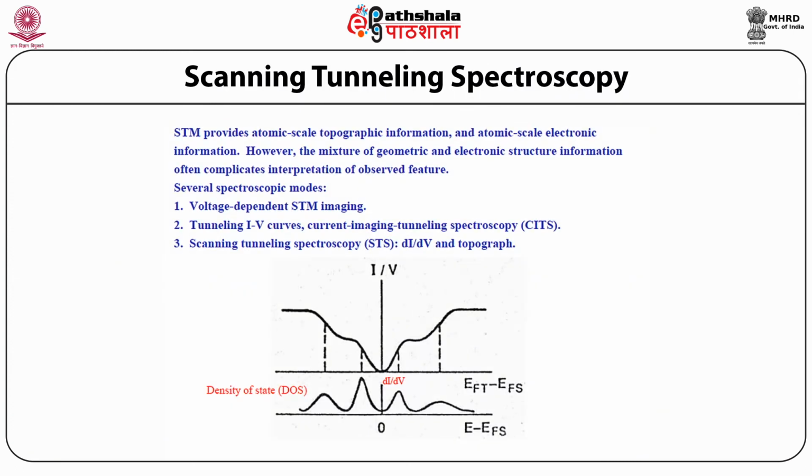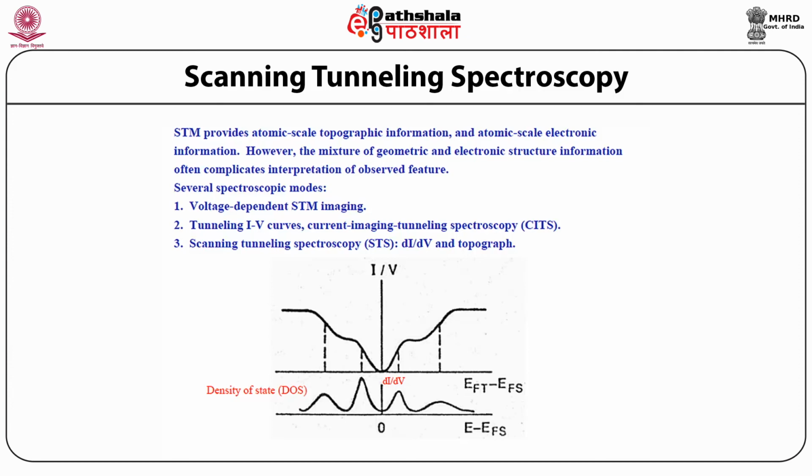Tunneling microscopy. So scanning tunneling microscope provides atomic scale topographic information and atomic scale electronic information. However, the mixture of geometric and electronic structure information often complicates the interpretation of observed features.